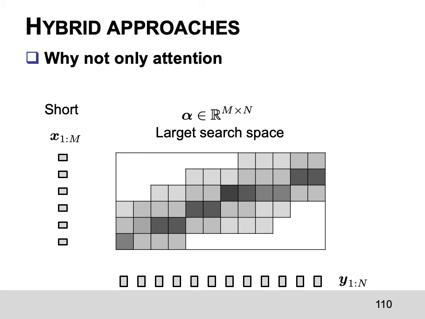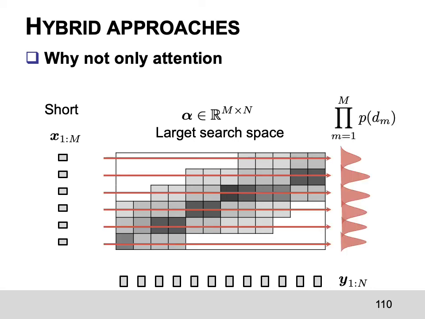Suppose we can summarize the alignment information from the matrix so that we can know roughly how many output time steps we need to generate for each input token. So by using this information, we can build one probabilistic model for each input token and just estimate how many time steps they need to produce during the generation stage.